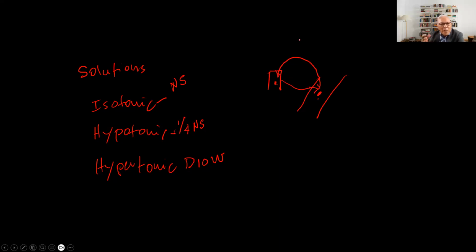So you're mainly maintaining exchange of fluids. However, when you give a hypotonic solution, if this is the cell, and this is your vascular bed or your IV solution, it has lesser concentration than your cell.